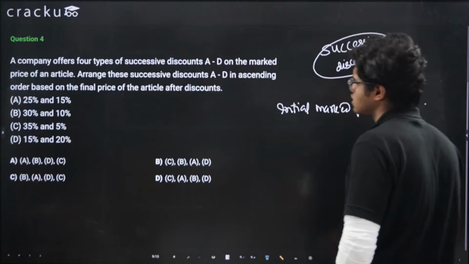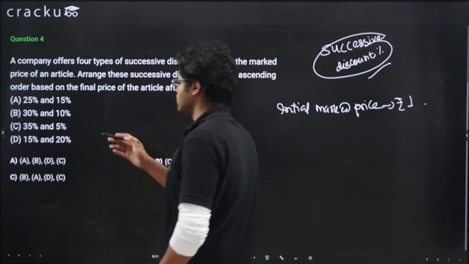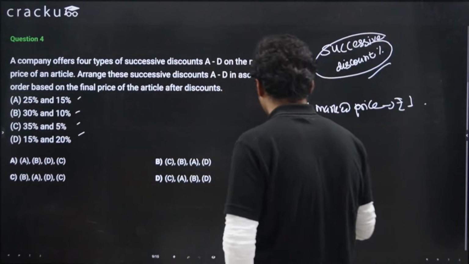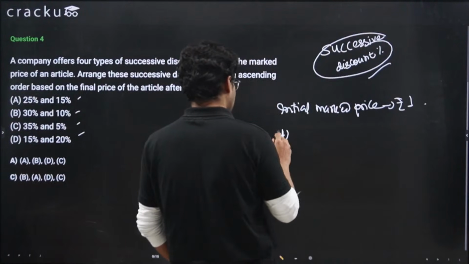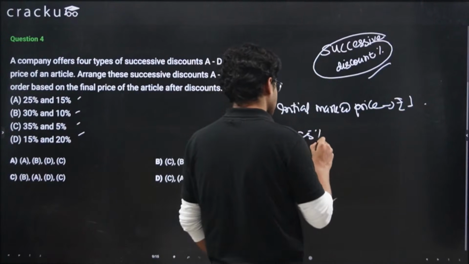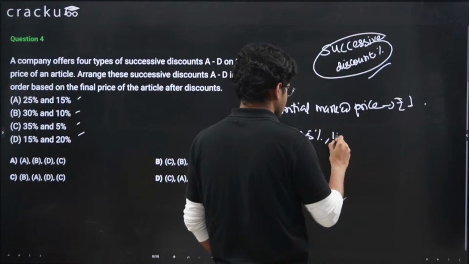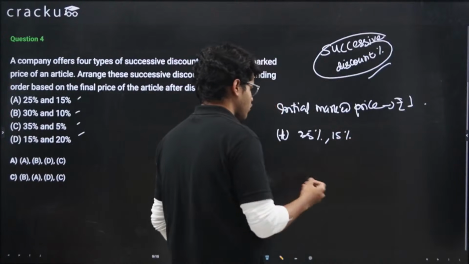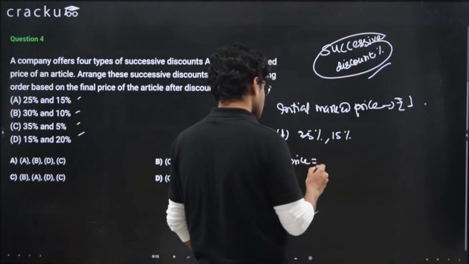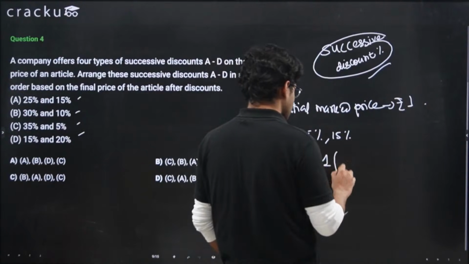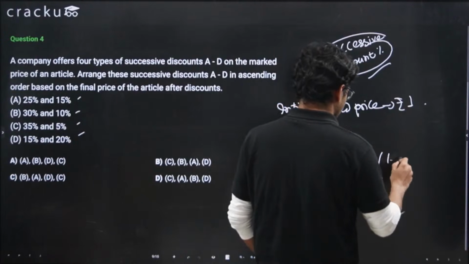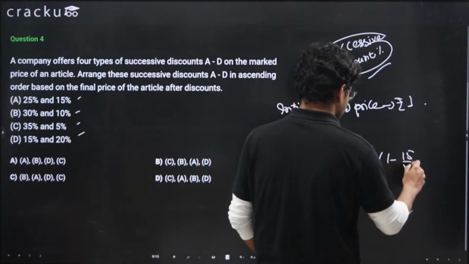Now, what is being told is that we are giving successive discounts in four ways. In option A, the successive discounts are 25% and 15%. So what will be the price? The price after these successive discounts is 1 into (1 minus 25 by 100) into (1 minus 15 by 100).